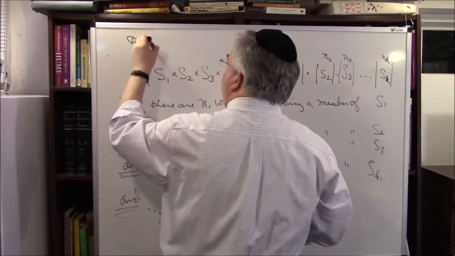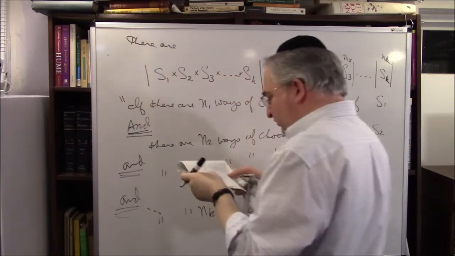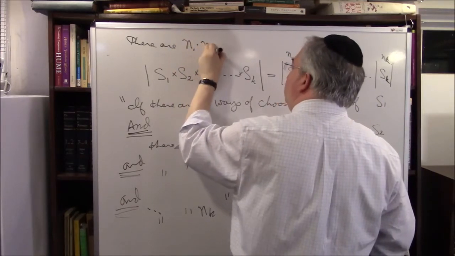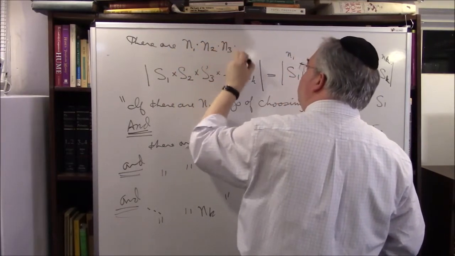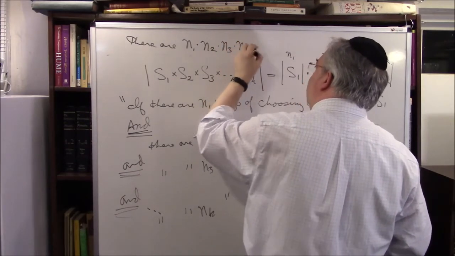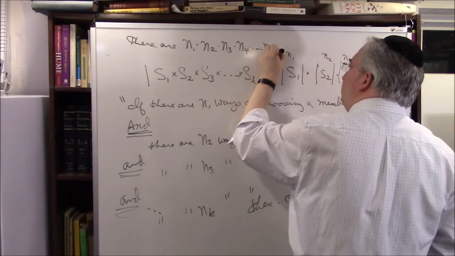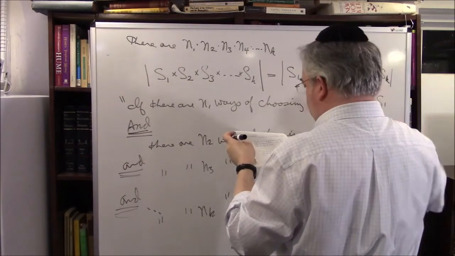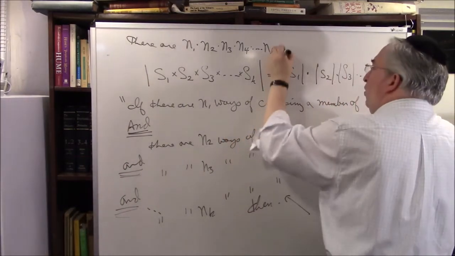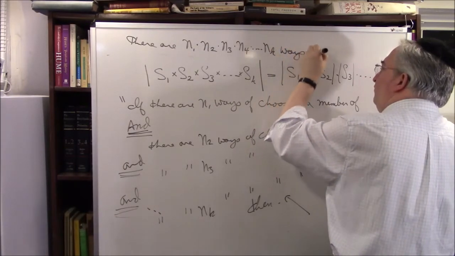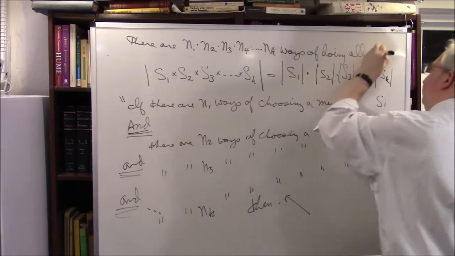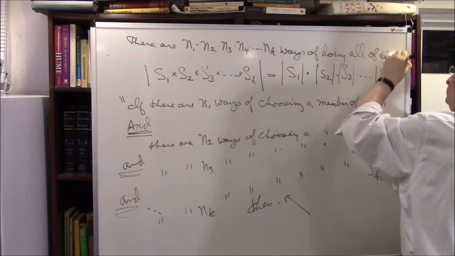By the way, you can copy this from the book: n1 times n2 times n3 times n4 times ... times nk ways of doing all of them.